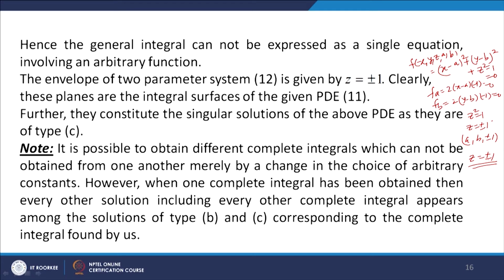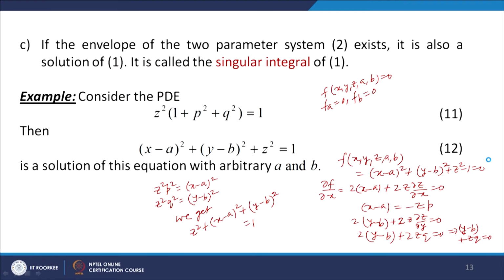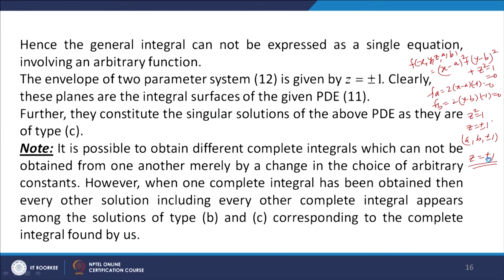These planes are the integral surfaces of the given PDE 11, this one. Because z equal to plus minus 1 means when we differentiate z with respect to x, p is equal to 0, and when we differentiate z with respect to y, q is equal to 0. So, clearly z equal to plus minus 1 satisfies 11. So, these planes are the integral surfaces of equation 11.